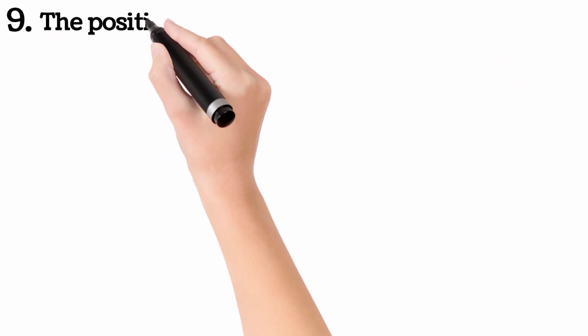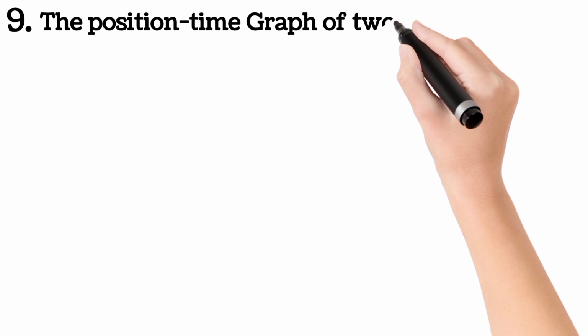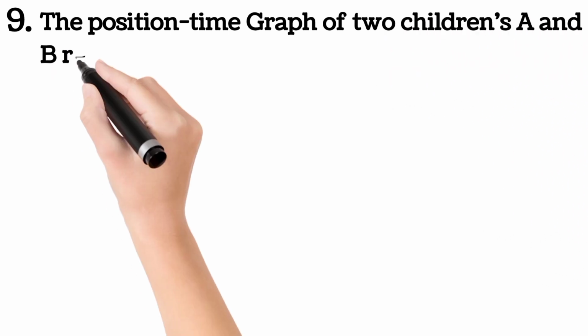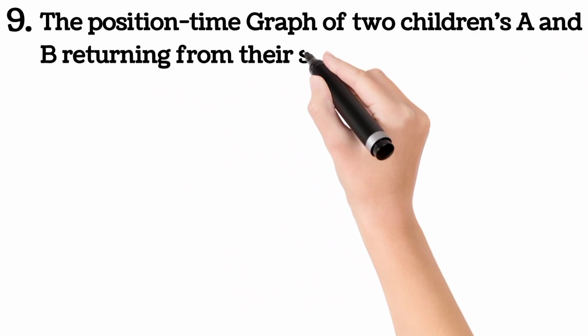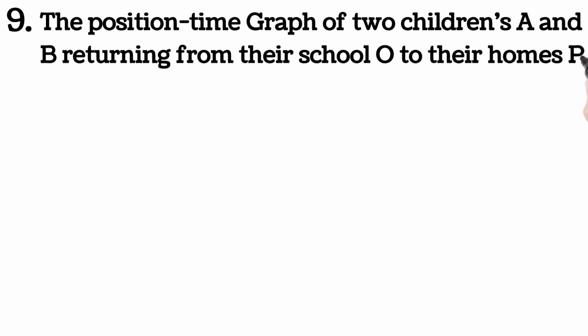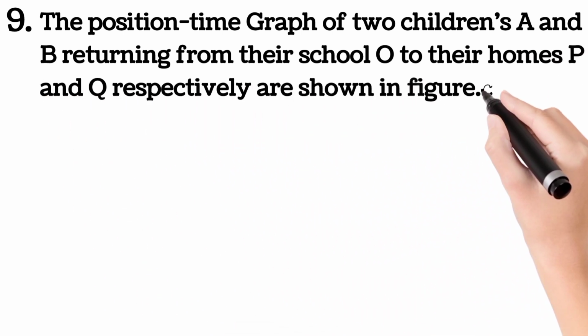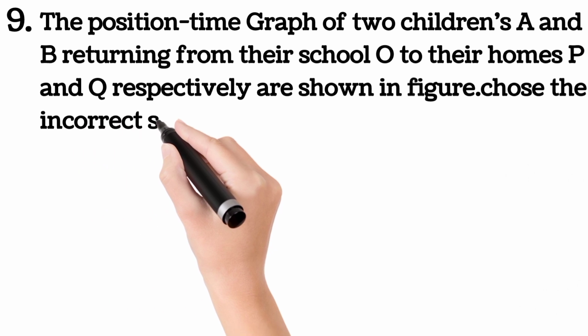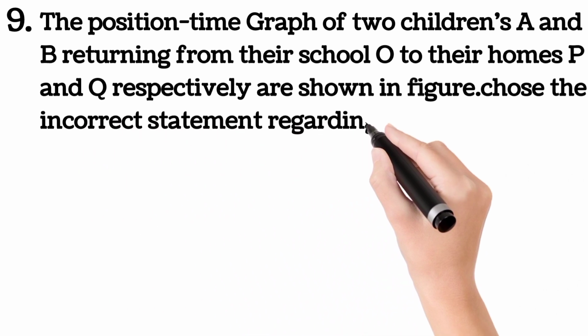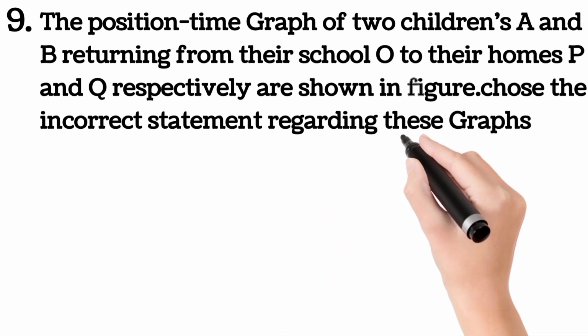The ninth MCQ is: the position-time graphs of two children A and B returning from their school O to their homes P and Q respectively are shown in the figure. Choose the incorrect statement regarding these graphs.